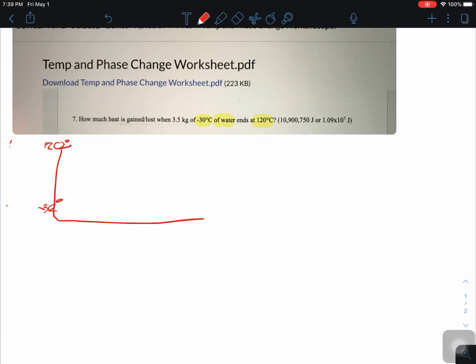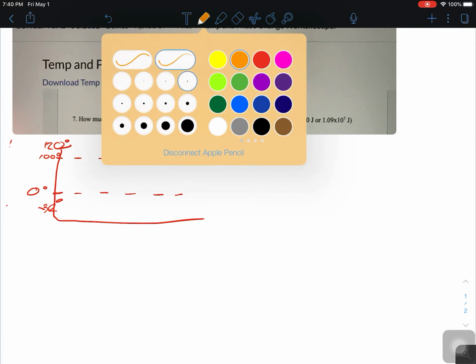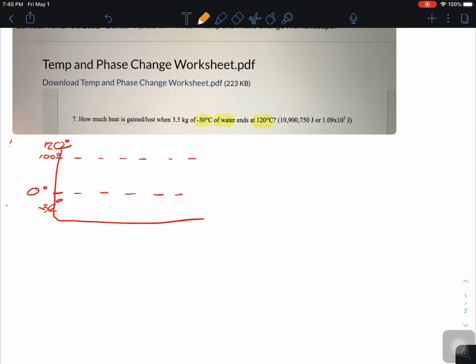So then it's water, so we got to figure out phase changes, and phase changes occur at 100 degrees. They also occur at 0 degrees. Okay, so then we want to go through, and it starts here.